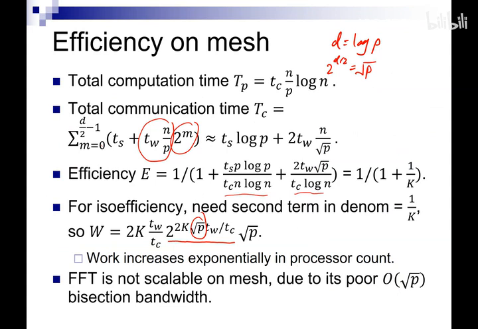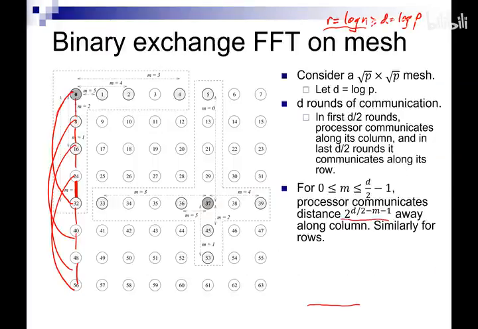Basically the upshot here is that the FFT algorithm is actually not scalable on the mesh. The reason it's not scalable on the mesh is because the mesh has only root p bisection width, whereas for the FFT, you need to do a lot of communication.